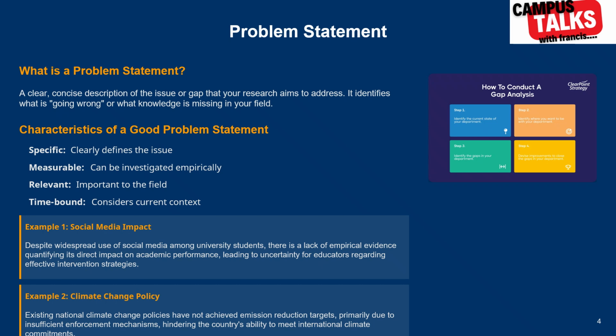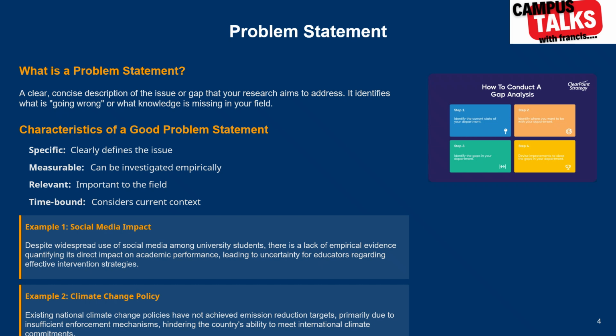What are the characteristics of a good problem statement? It is specific, it is measurable, that is, it can be investigated empirically. This means this problem exists, and a lot of authors have captured it in literature. It is relevant, important to the field, and it is time bound, it considers current context.